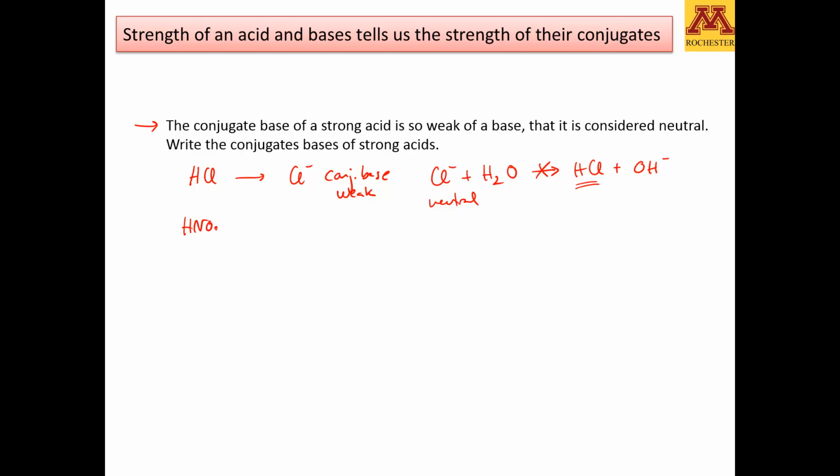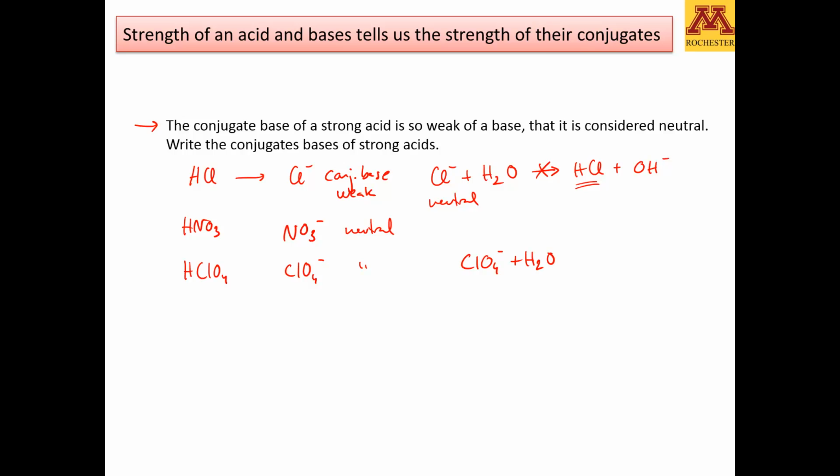If nitric is the acid, nitrate is the conjugate base that is very weak to the point that it's neutral. If perchloric is the acid, perchlorate is neutral. Neutral meaning it does not get involved in any kind of acid-base reaction. So do not write something like that.